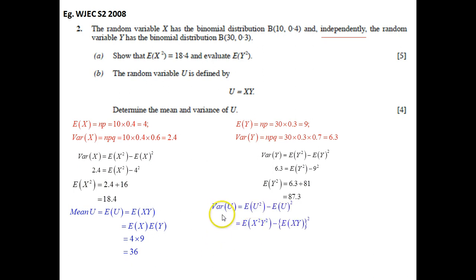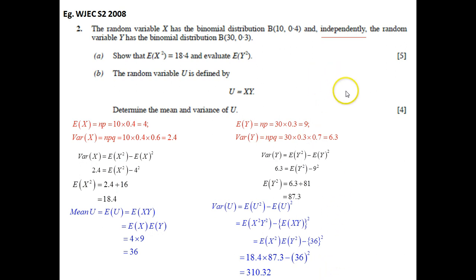The variance, I need to find E of x squared times y squared, and then minus E of xy all squared. So E of x squared times E of y squared, as they're independent, minus that is 36 from over there. So I can multiply these. I've got 18.4 times 87.3 minus 36 squared, which is 310.32 for the variance.